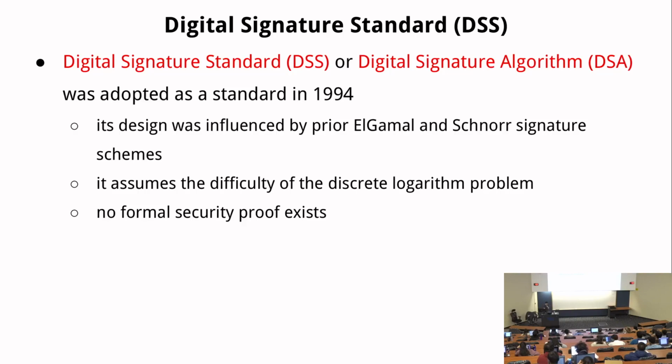However, for all of those mathematical tools, there is no formal security proof yet, even for RSA. RSA is based on the integer factoring problem, and that problem is NP, right?